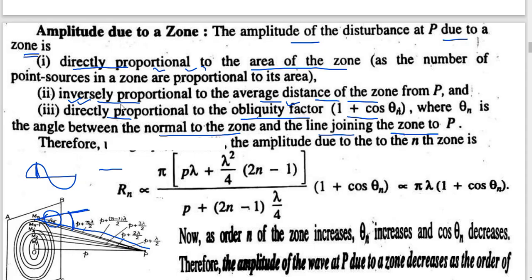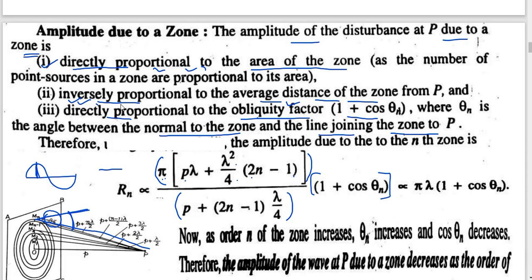From the first part, it is directly proportional to the area, the exact area that we derived just before: pi P lambda plus lambda square by 4 into 2n minus 1. Second, it is inversely proportional to the average distance. And third is the obliquity factor, 1 plus cos theta n.